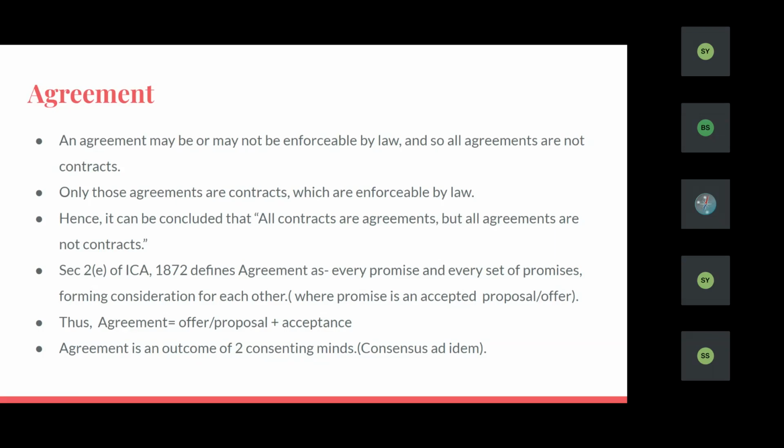All these things both of you understood in the same sense. This is consensus ad idem. It is an essential condition for a valid contract, which we will see in the coming classes.